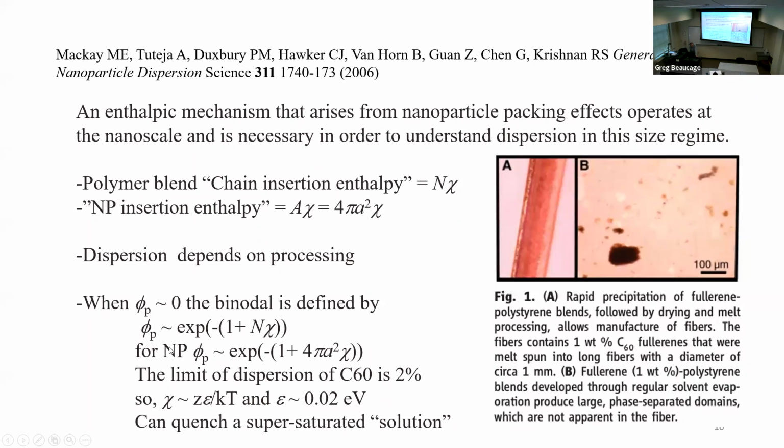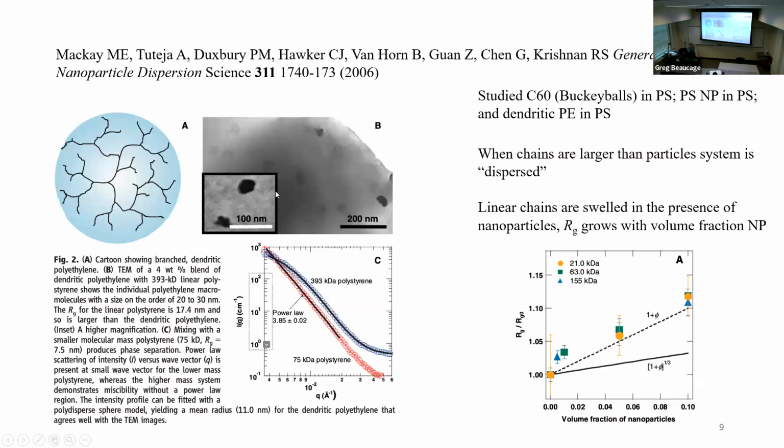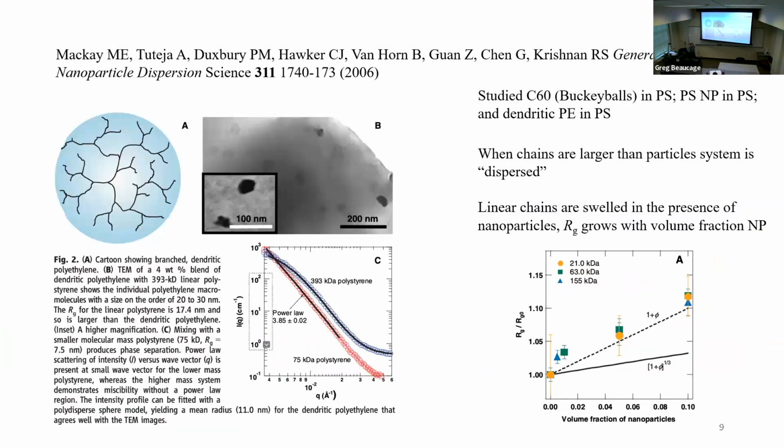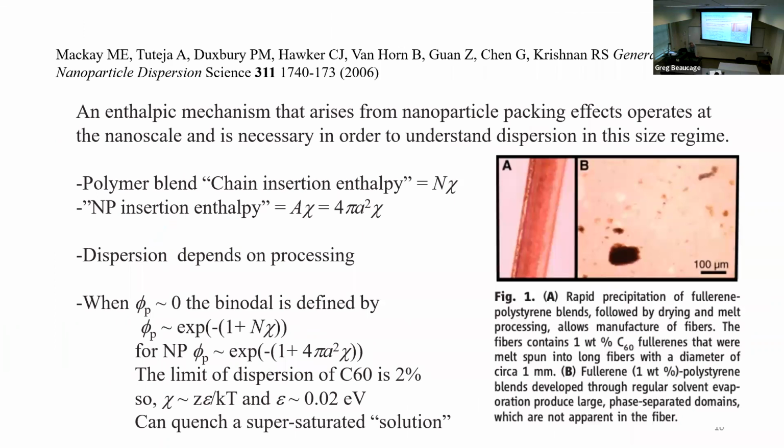Then he wrote a free energy expression that relates the concentration of nanoparticles to this enthalpy of interaction, and you figure out what the energy of a particle going into the matrix is. Then you can predict this phase diagram from that, using the idea that when the energy of interaction is negative, it's going to be miscible. When it's positive, it's going to be immiscible. That's the idea.